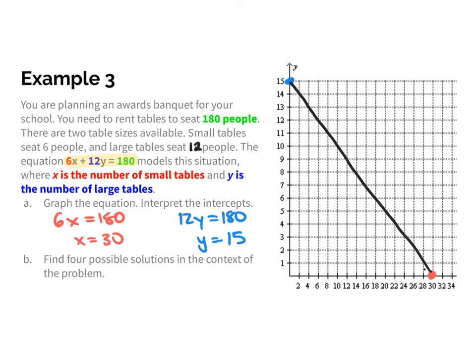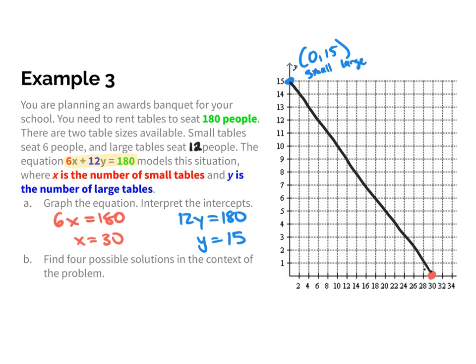All right, the next question says to find 4 possible solutions in the context of the problem. Again, we're renting tables to seat 180 people at a banquet. Looking at the y-intercept of 15, as a point this is (0, 15), which means I want 0 small tables and 15 large tables.